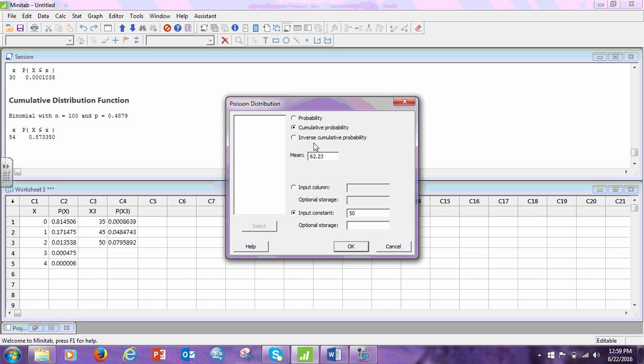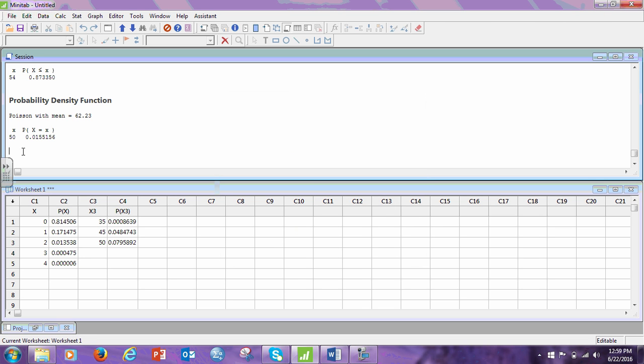But since it's equal to, remember, probability stands for equal to, cumulative probability stands for less than or equal to. So click OK, and the answer is 0.0155, or about 1.55% probability that on any given day, exactly 50 radioactive atoms decayed.